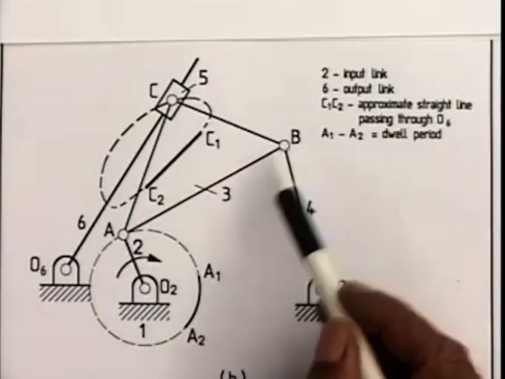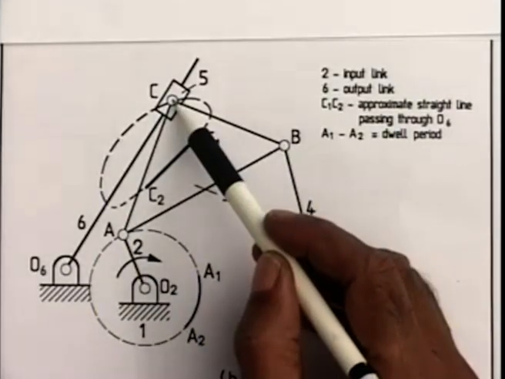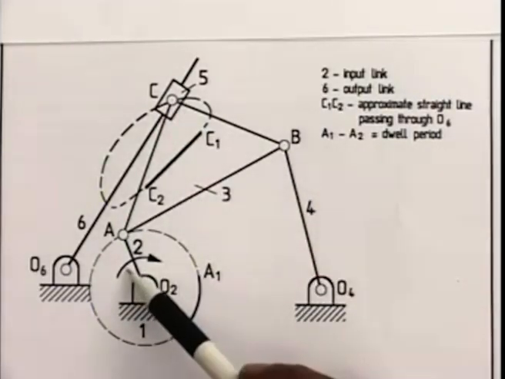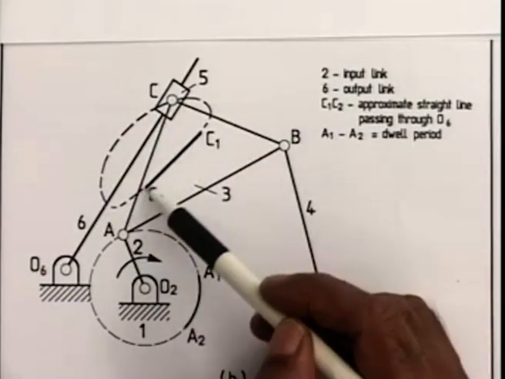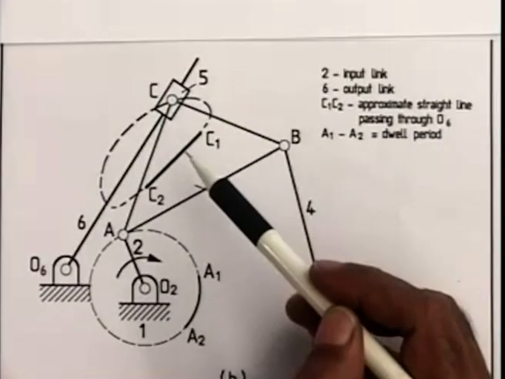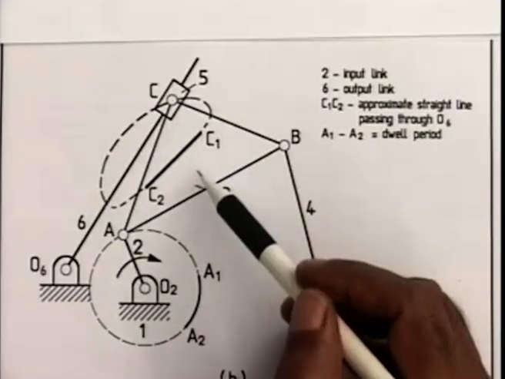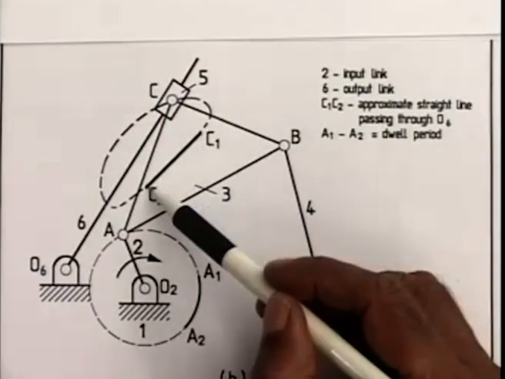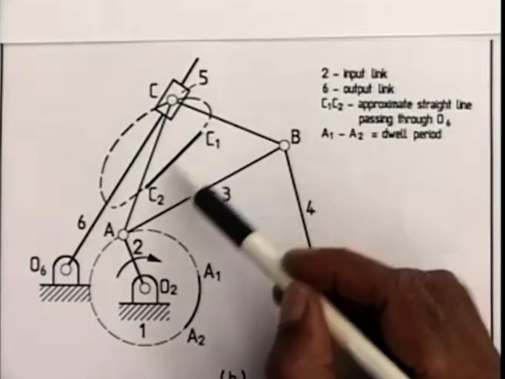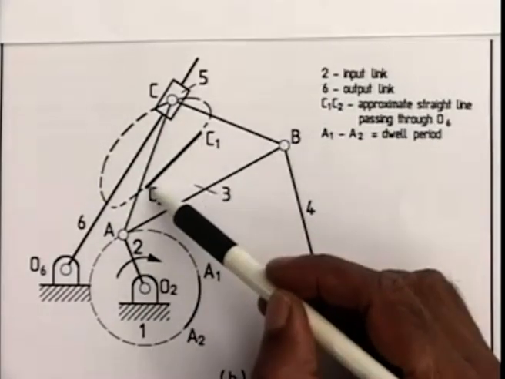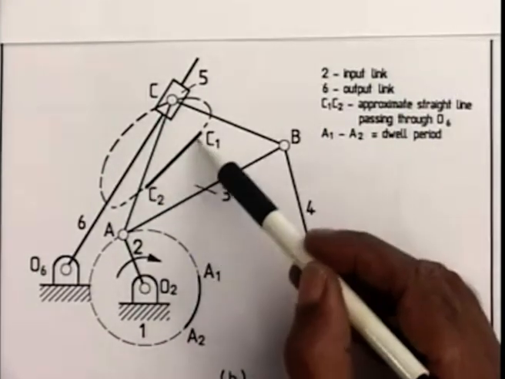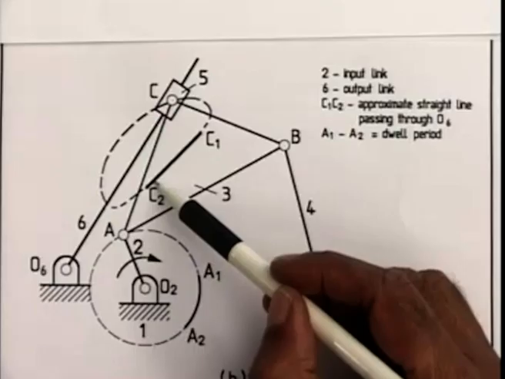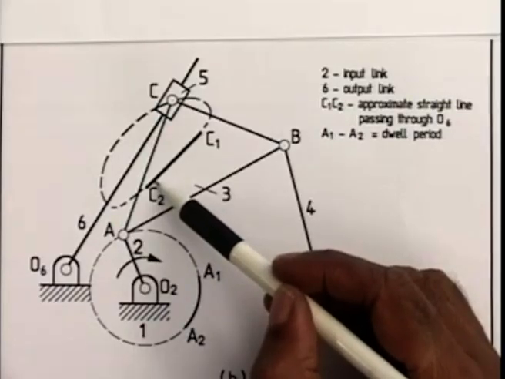And on this coupler AB, I take a point C. As this crank rocker moves, the coupler point generates this particular coupler curve. As we notice, this portion of the coupler curve from C1 to C2 can be represented fairly by a straight line, and this will be utilized to design a 6-link dwell mechanism.